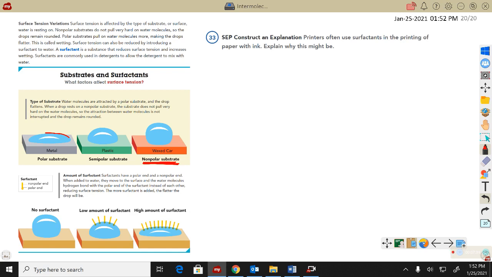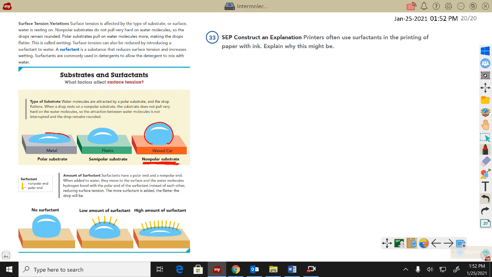So now the water molecules become more attracted to themselves and not so attracted to the non-polar surface. So you'll notice that there's not as much surface area where the water is actually touching the non-polar surface. It's more likely that the water molecules form this bead, and they're more likely to touch each other.